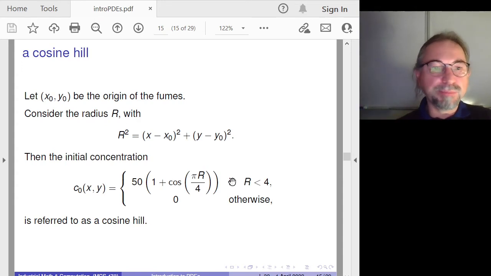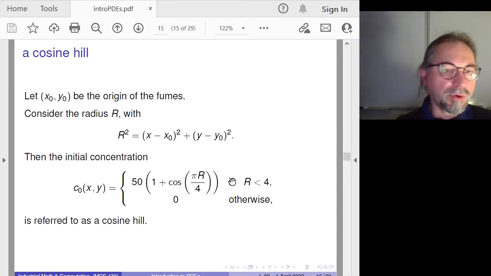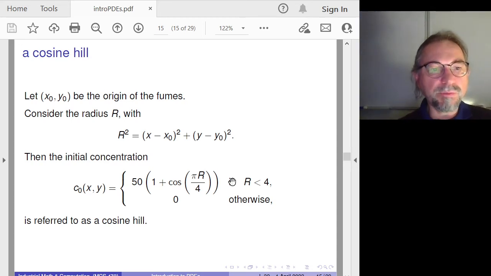Here is a profile for the fumes. I got this from chapter 2 of the Friedman-Littmann book. We can work with these bell-shaped functions, but you can also work with a cosine, what is called a cosine hill here.